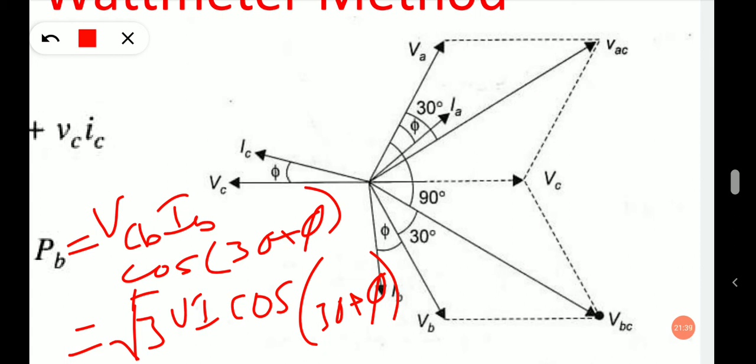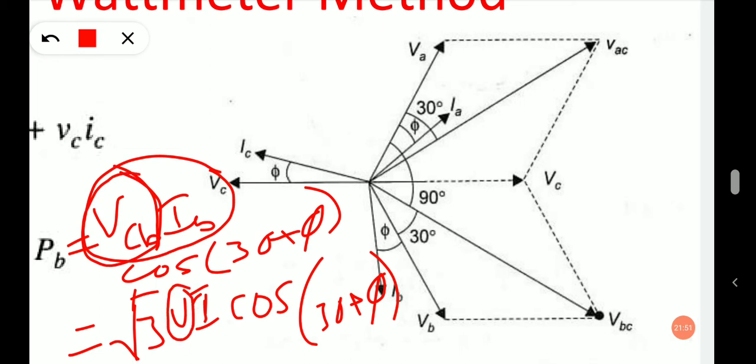Here VCB is the line voltage and V is the phase voltage.